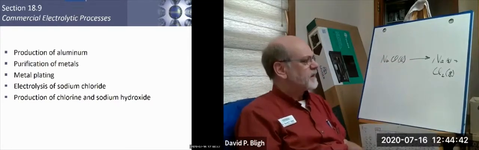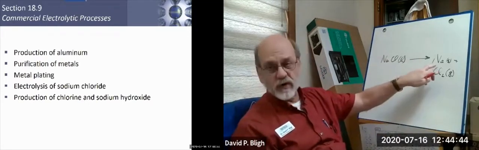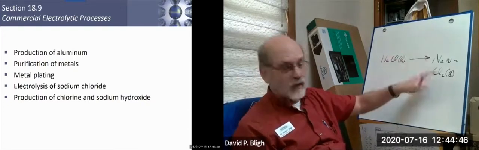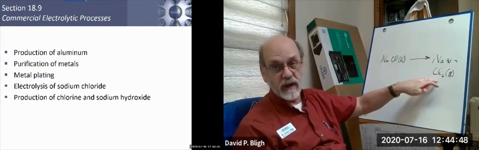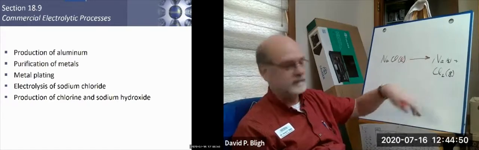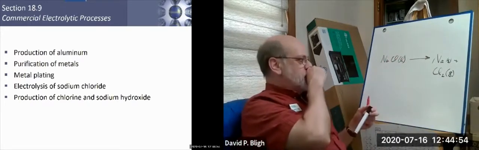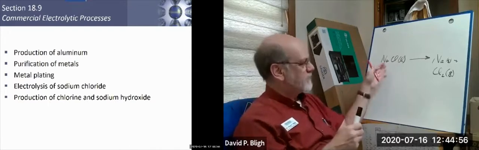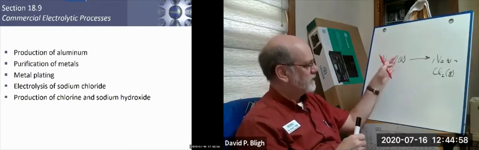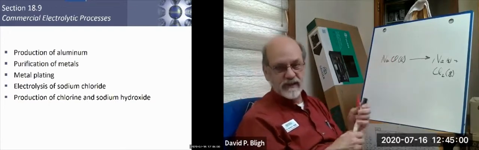In that case, you redissolve the sodium in water, then you bubble chlorine gas through it, and you produce sodium hypochlorite, which is bleach. Sometimes they do it at the same factory. But that's how you get access to this metal and that non-metal, is by electrolysis.